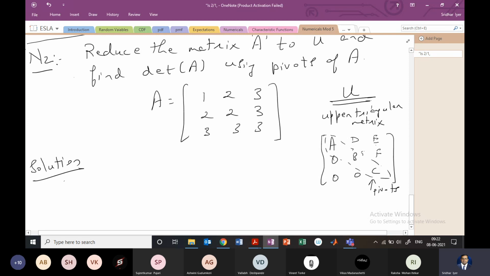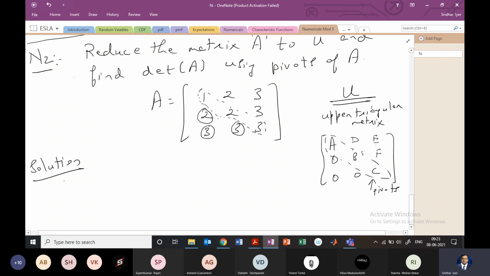So in the given matrix A, I'm just checking, am I audible properly? Yes, sir. Okay. So in the given matrix A, we can mark the diagonal, that is 1, 2, and this 3, right? So our task is to convert this A into an upper triangular matrix. So that means these elements which I'm circling, this 2 here, this 3 here, and that 3 there, need to be converted into 0.